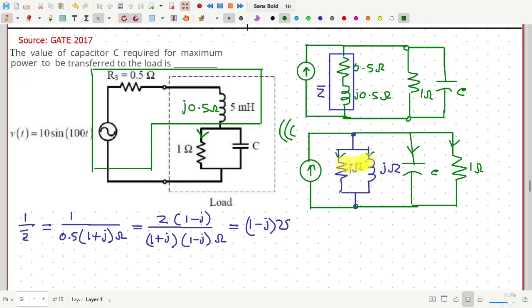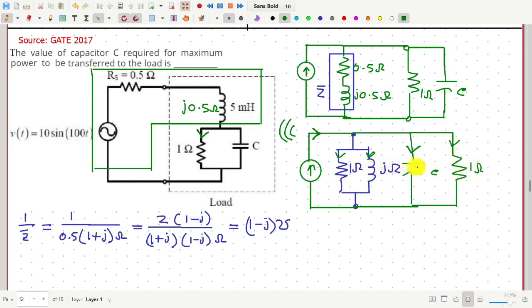Now, the phasor sum of these four currents is the same as this source current.